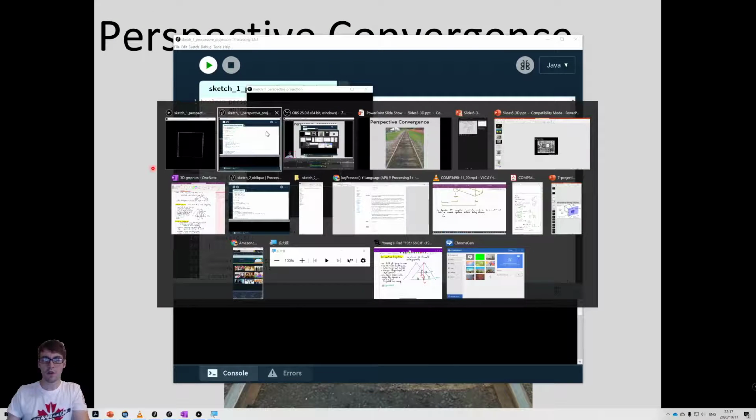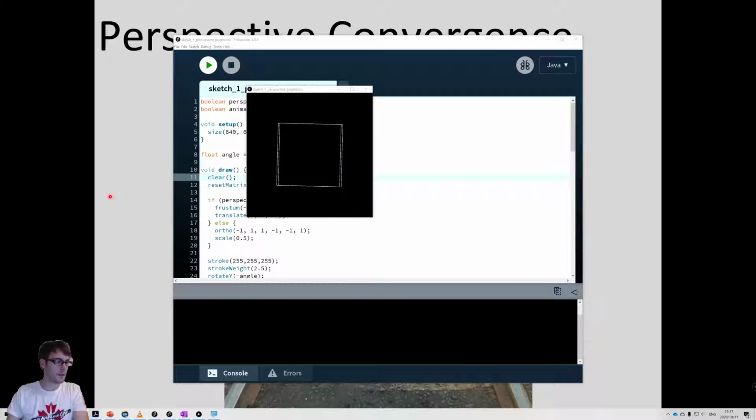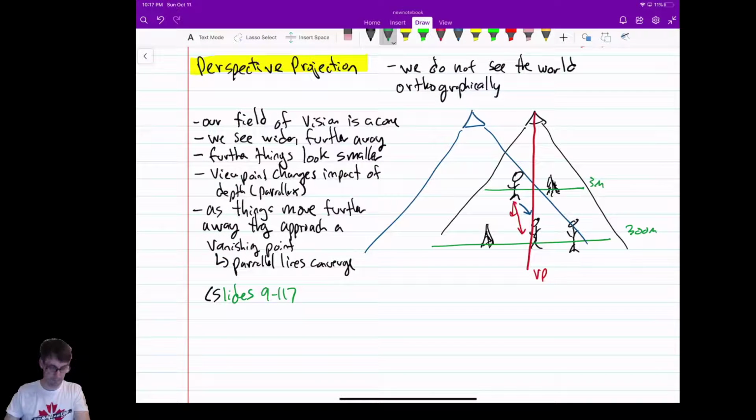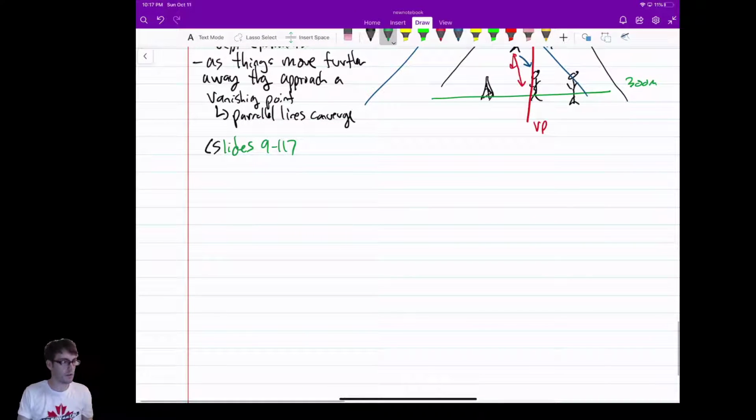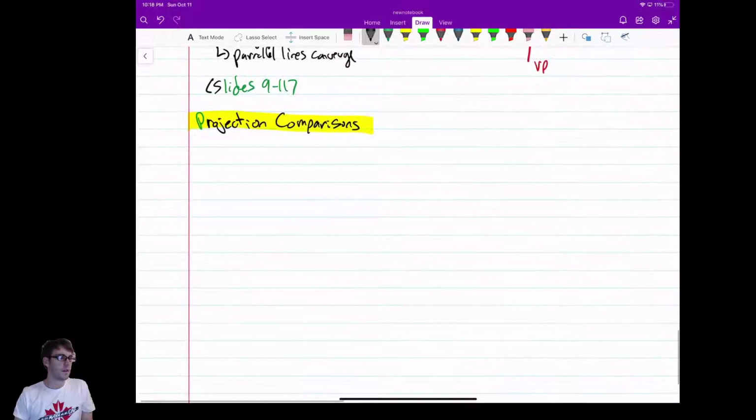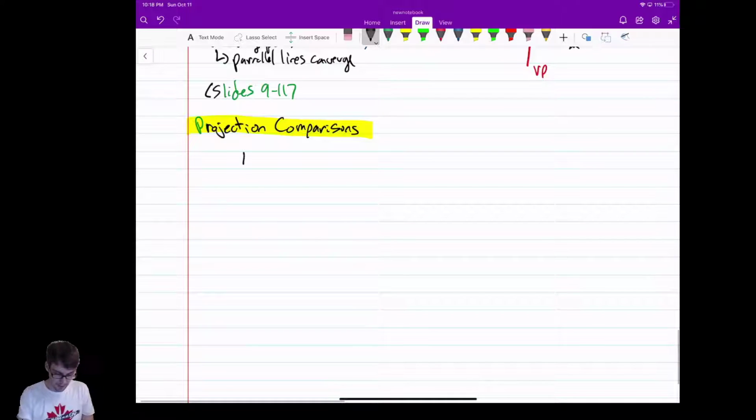Okay. So I want to talk a little bit more about the differences between projections. So, projection comparisons. Perspective is pretty cool.